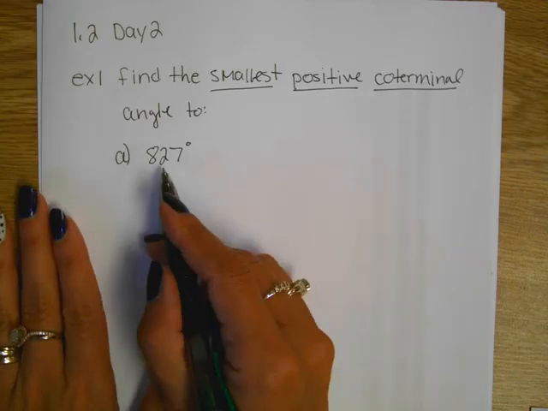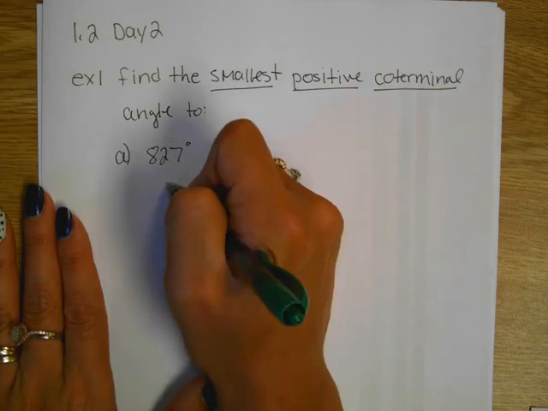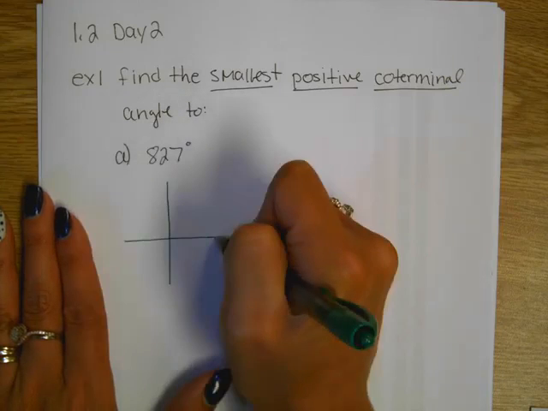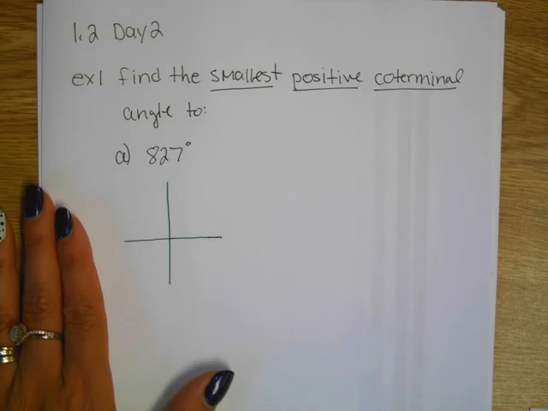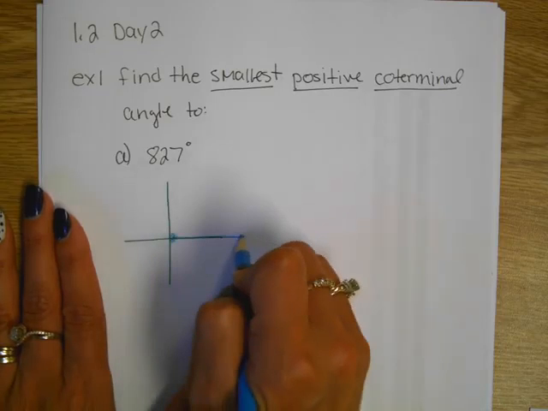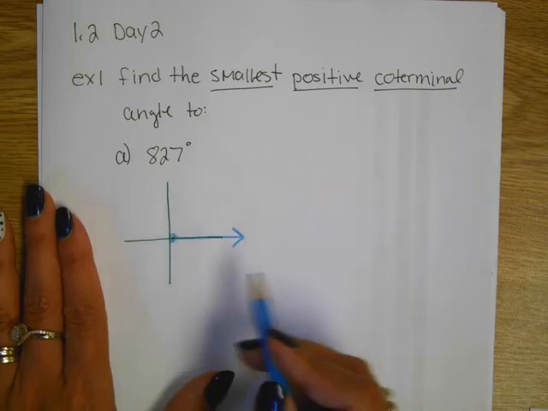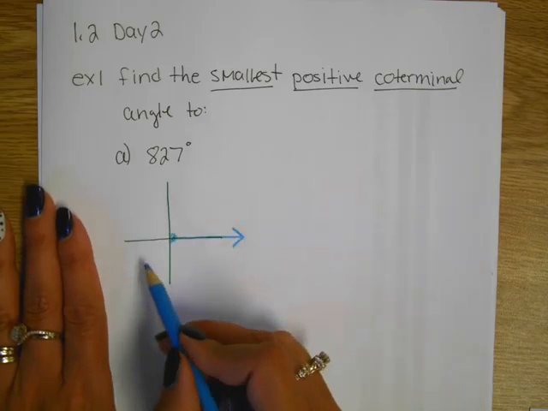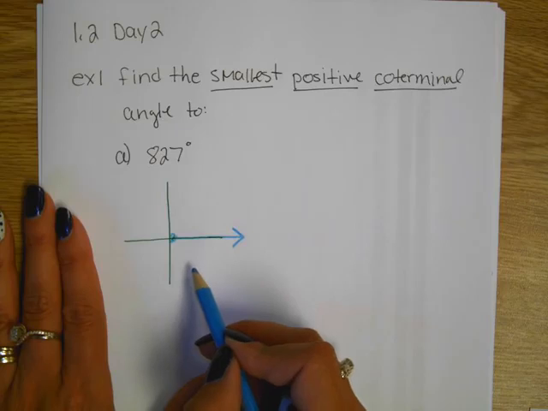Okay, so we had an 827 degree angle created by that rotation. So that means the angle started here, rotated counterclockwise 827 degrees.